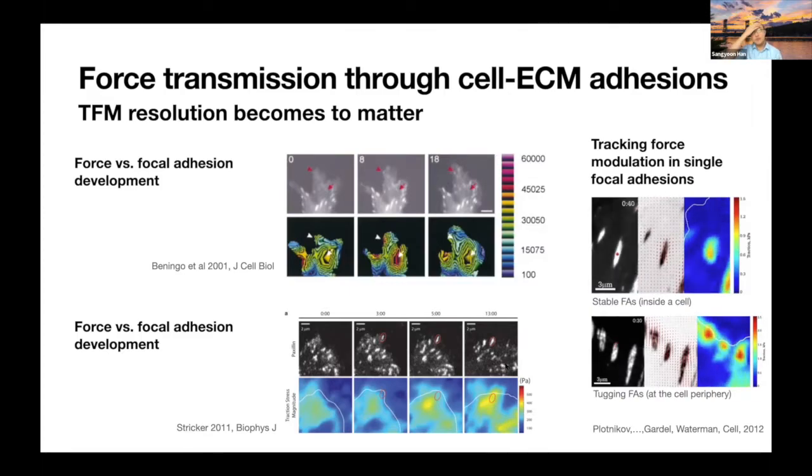Later, other scientists were trying to improve this resolution, to see how the force changes over time for the stable adhesions and the adhesions at the edge of the cell.